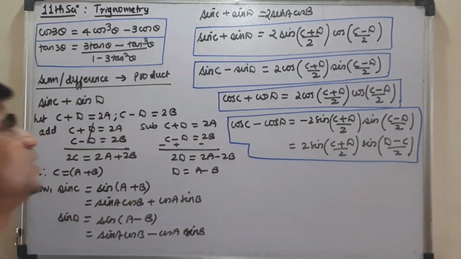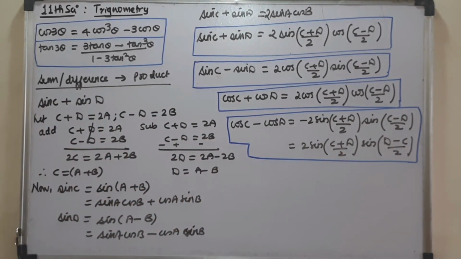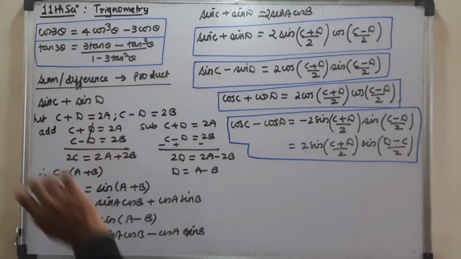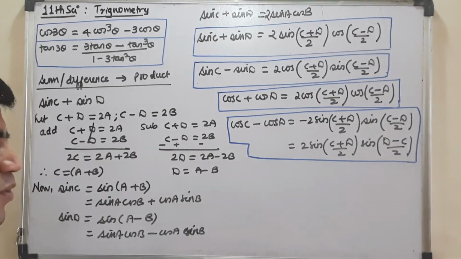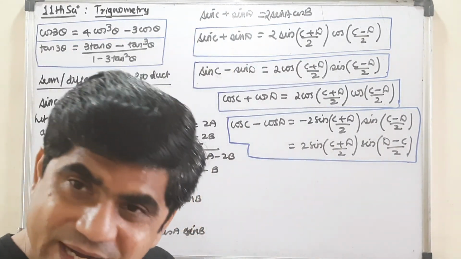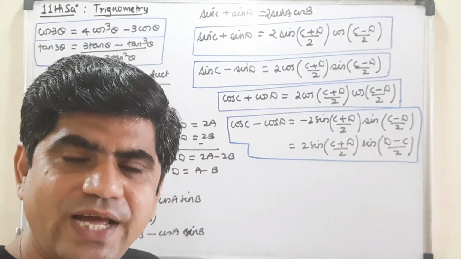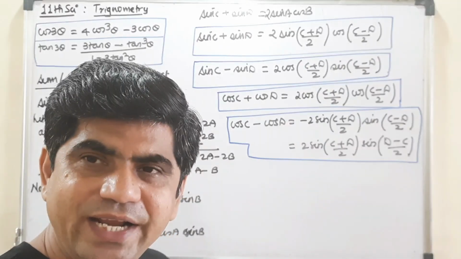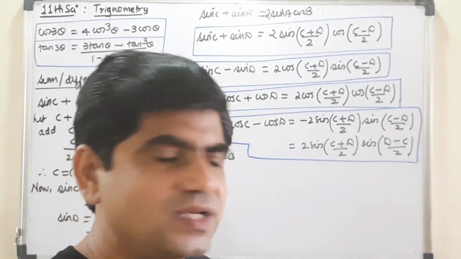Okay? So these are the formulas in which addition or subtraction is expressed as multiplication. Now you have defactorization formulas, that means multiplication will be expressed as addition or subtraction.